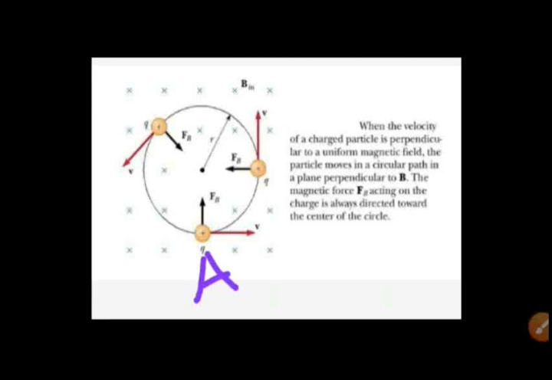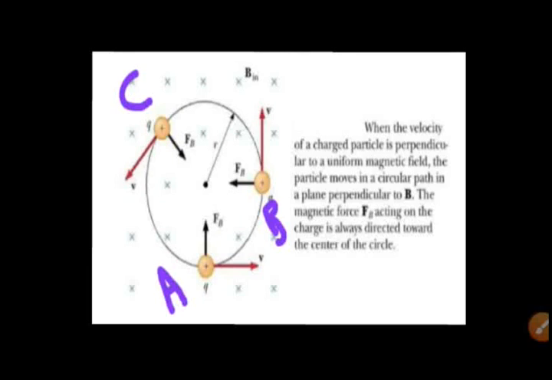Now suppose the particle is at the point B. At this point, the direction of velocity is given in the upward direction, and here the charged particle will experience a magnetic force qvB, and let us find the direction of the magnetic force.